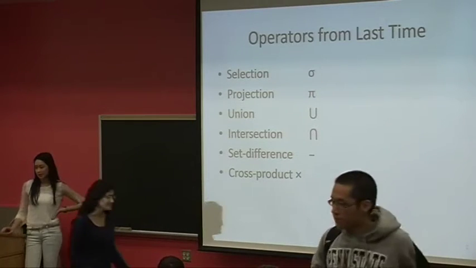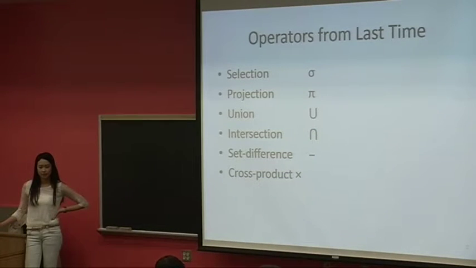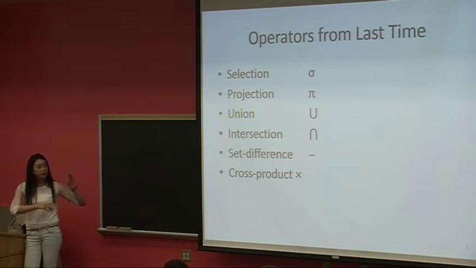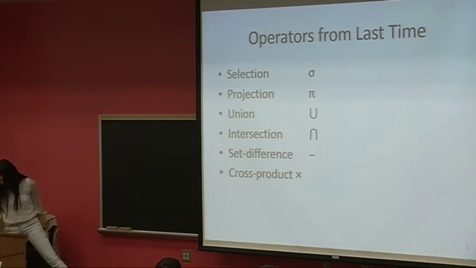Okay, how about cross product? If we take cross product between R and S, it gives you a big table that combines all the possible combinations of tuples between R and S. Okay, so just talk through what each of them do.